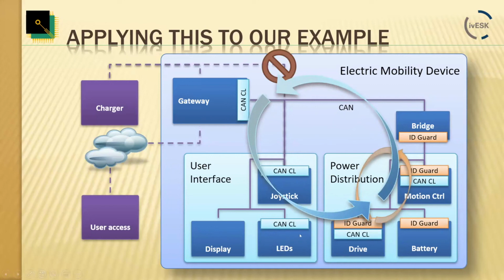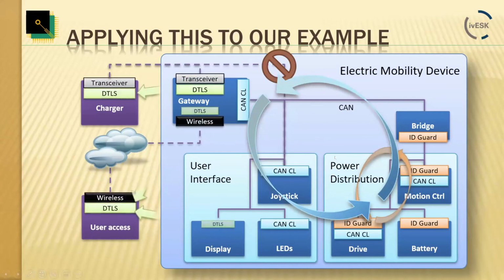LEDs I added maybe for the display of an alarm LED or so on. It's just an example to give you an idea. And then, as we said earlier, whenever communication leaves the entire system, in this case the wheelchair, everything leaving the wheelchair should have DTLS involved, so that you do not directly communicate any CAN frames on this layer.